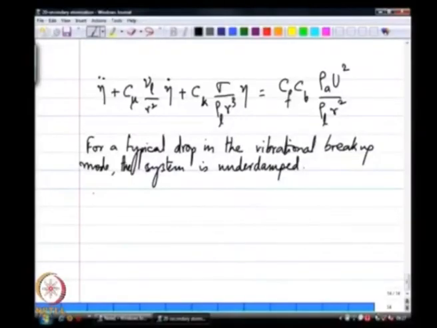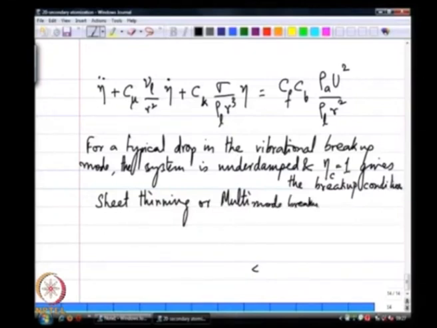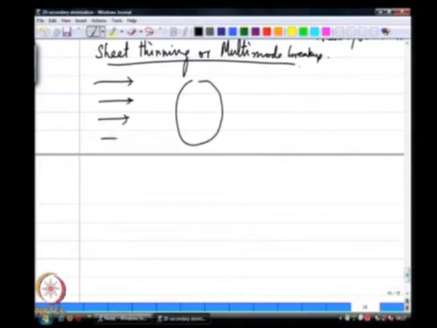In the higher Weber number regime, say in the sheet thinning or multimode breakup, what you essentially have is a drop in a cross flow.